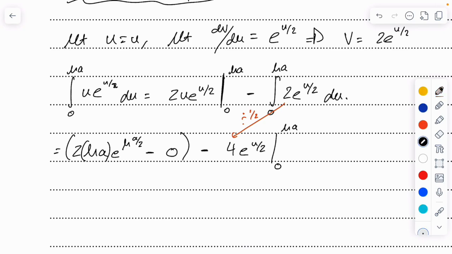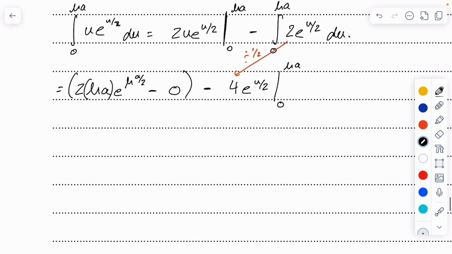All right, so you can then say, well, if we simplify this down, we get 2 ln a times a to the half, minus 4 times (a to the half minus 1), which we can then simplify further.